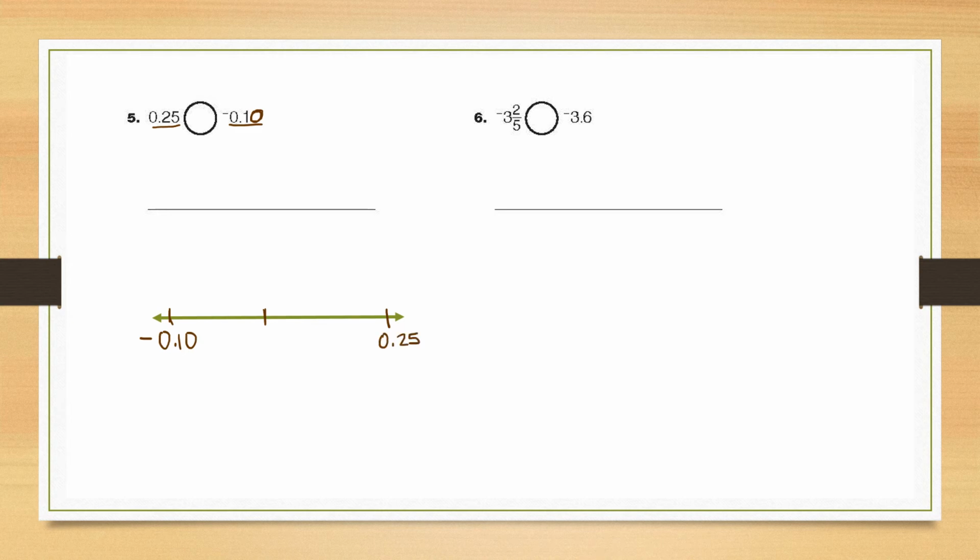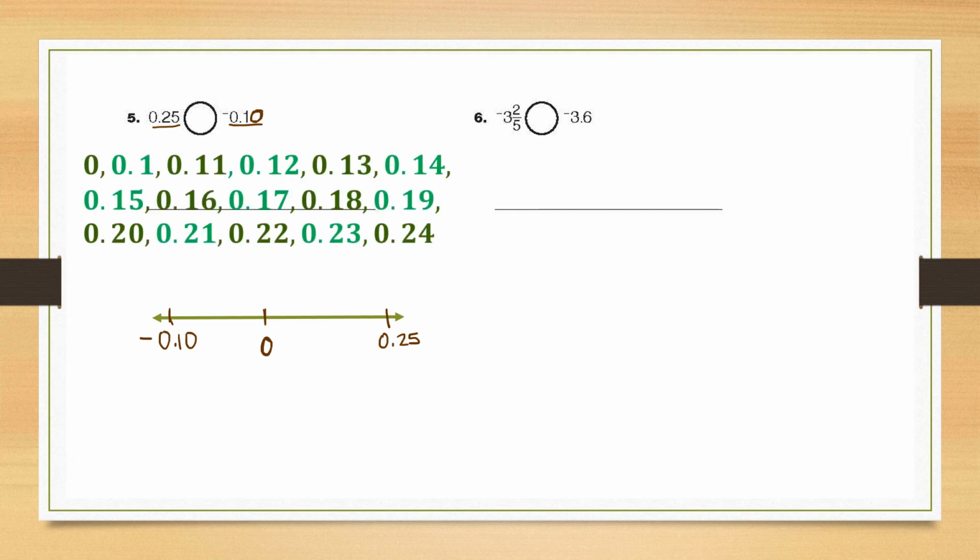Well, right off the bat, I know that 0 has to fall between these two numbers because one is negative and one is positive. There's a whole slew of numbers that fall between these two, and I'm going to show them to you now.